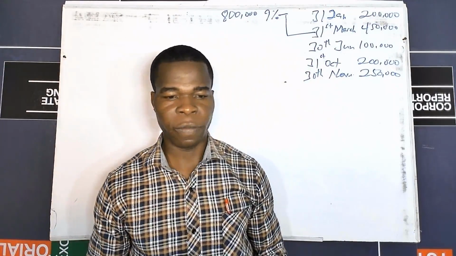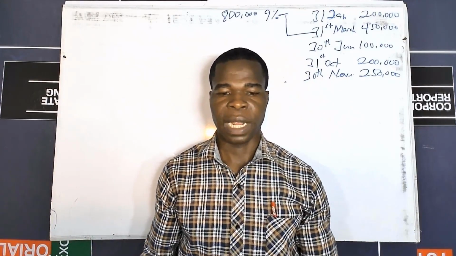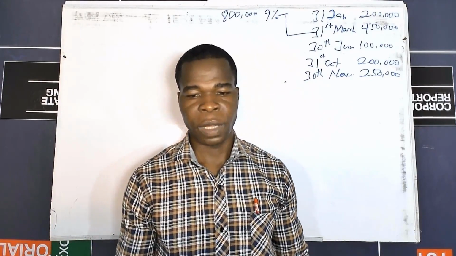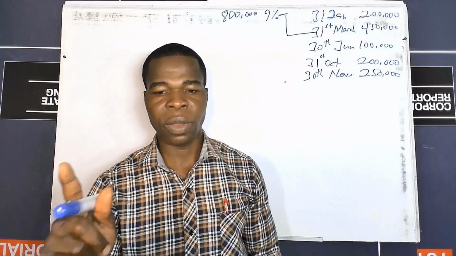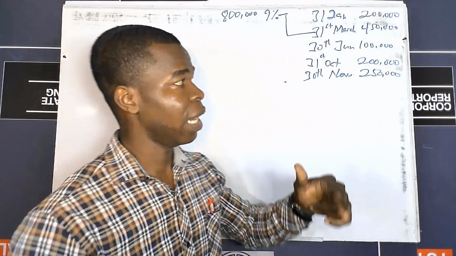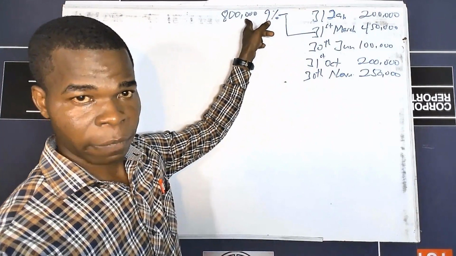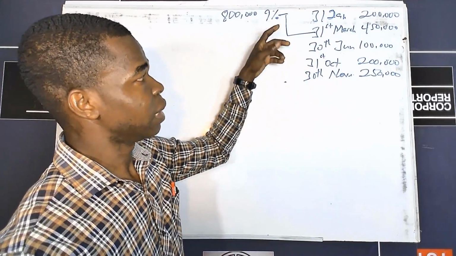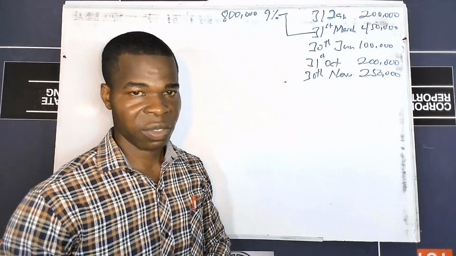Now the pool of debt was again used for an amount of 200,000 on 30th of November, which could not be funded from the medium-term loan. Remember that the medium-term loan is the specific loan, and we are told that this one was used specifically for the construction of the asset.